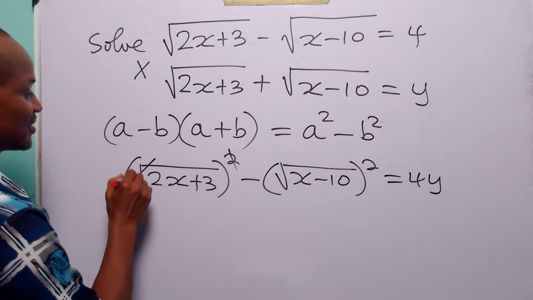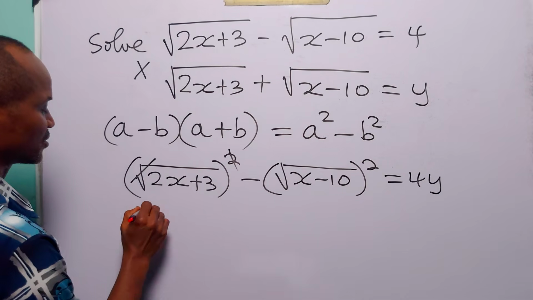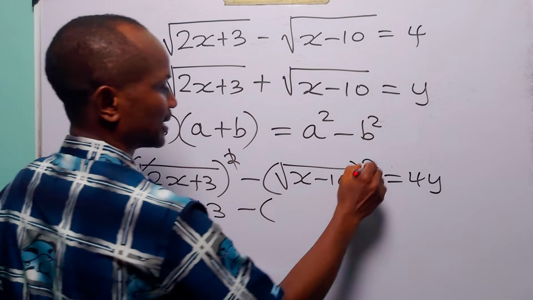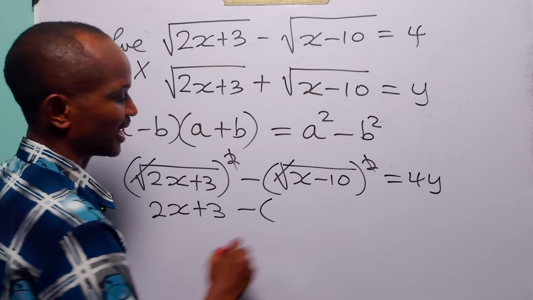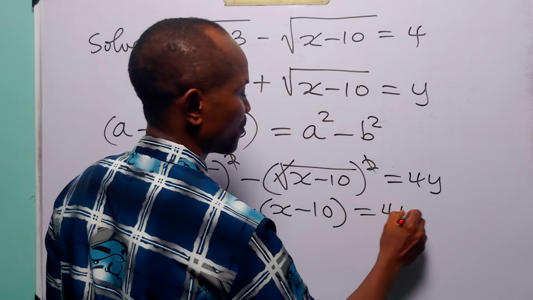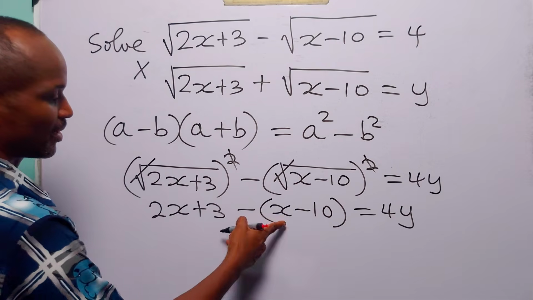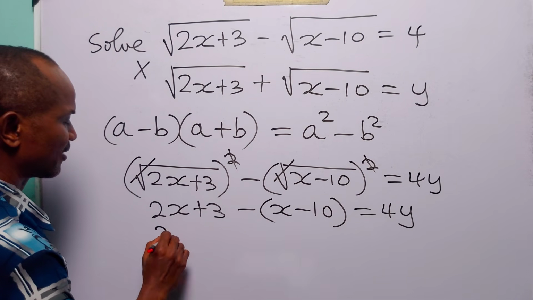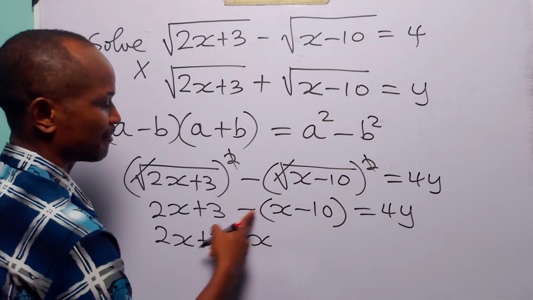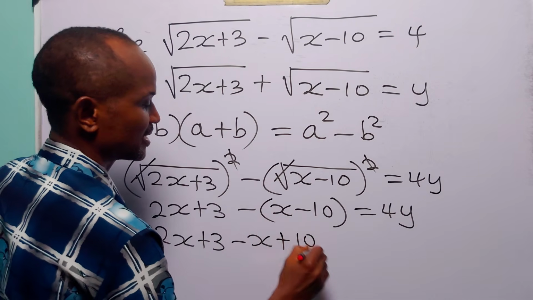Now this is going to take care of that, leaving us with 2x plus 3. This is going to take care of that, leaving us with x minus 10. This is equal to 4y. When we open this bracket, we have 2x plus 3 minus x, minus minus is plus 10.